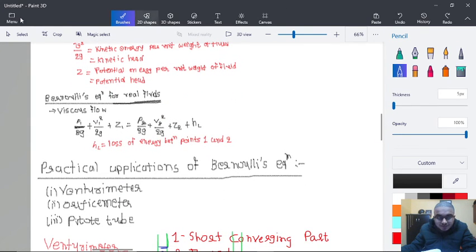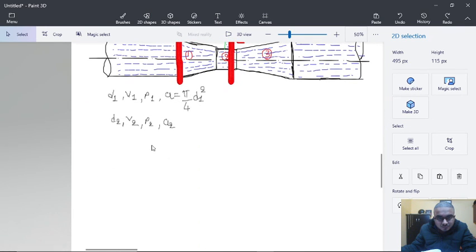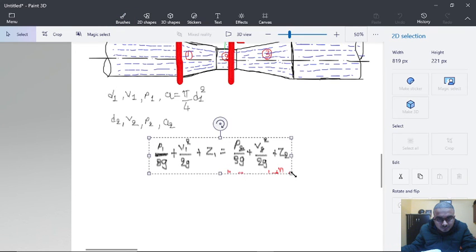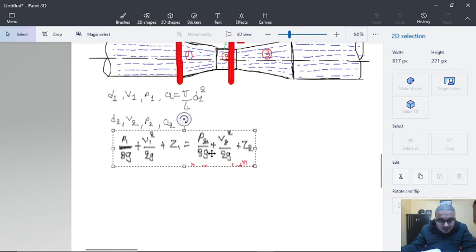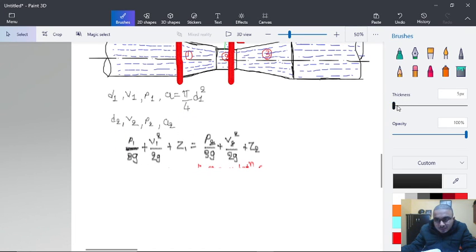That is over here. So here the height is same, so Z1 and Z2 will be equal in this case.